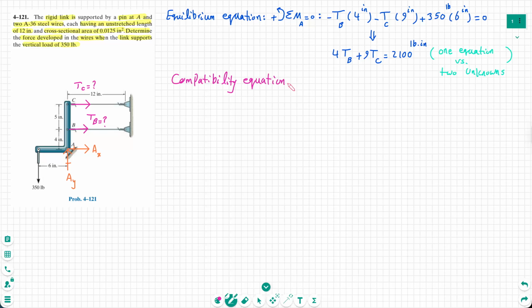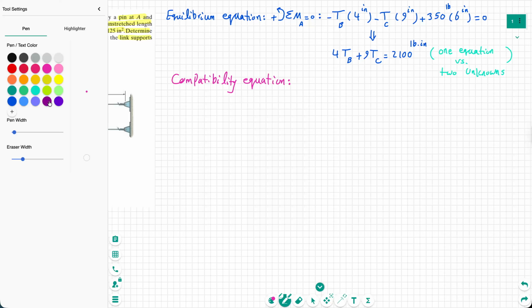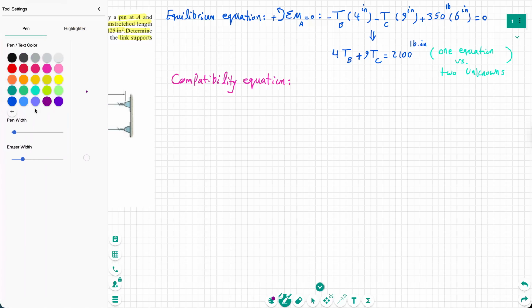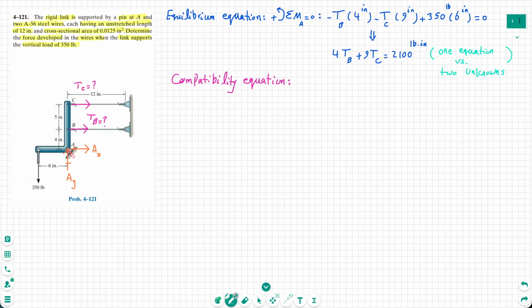And compatibility equations come from the deformation of this structure. Because the link, this blue link, is rigid, if we assume that there is a deformation for the link, I can draw this one. So if I choose a good color, I think this should be good.